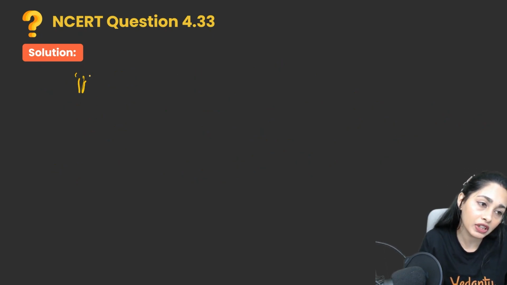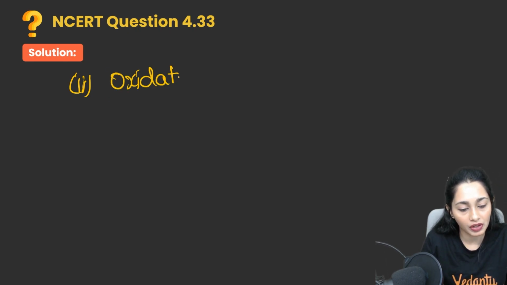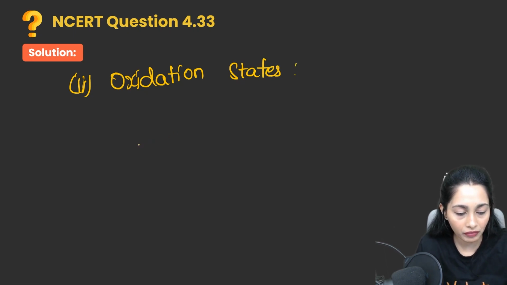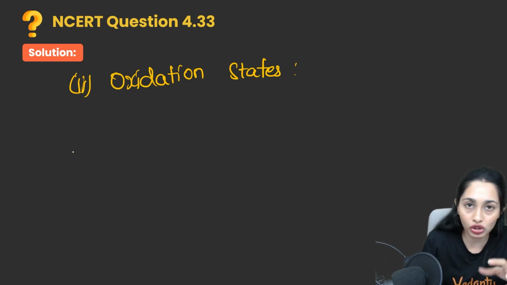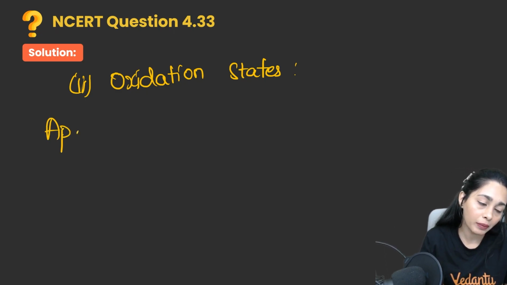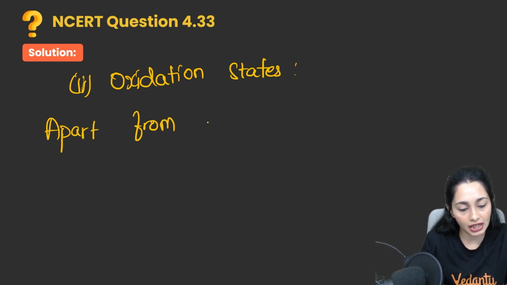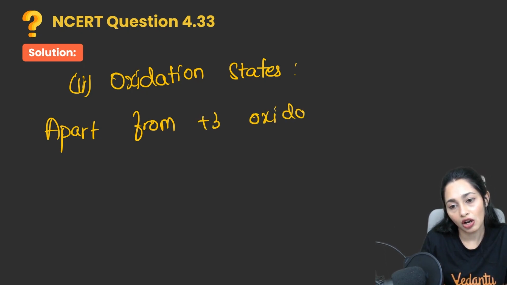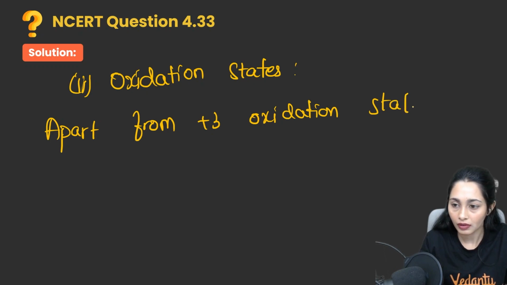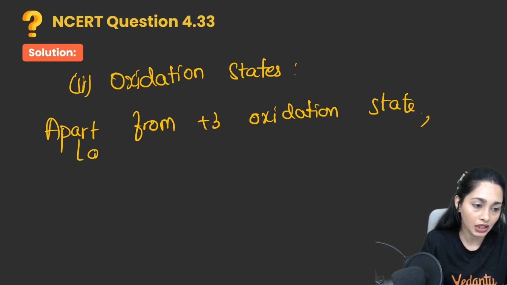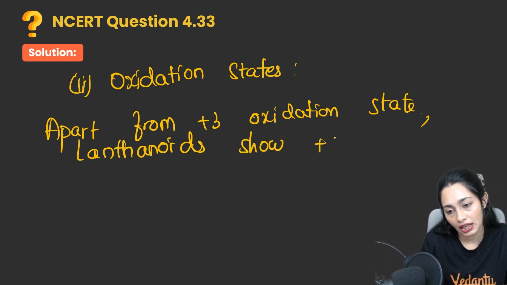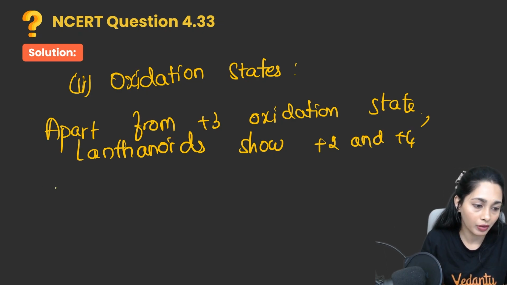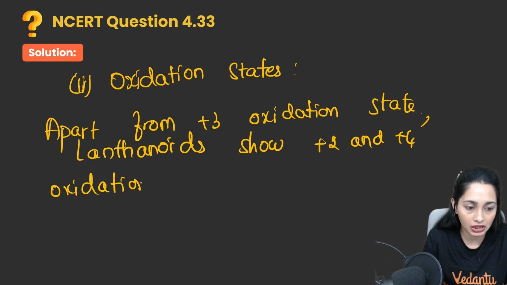Next one is to compare them with respect to their oxidation states. The +3 oxidation state is the most commonly shown oxidation state. But apart from the +3 oxidation state, lanthanoids show +2 and +4 oxidation states.